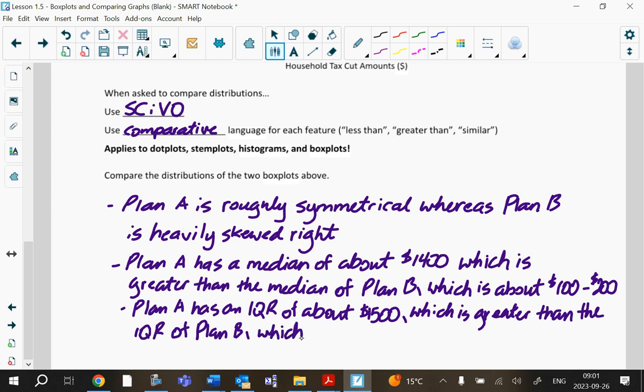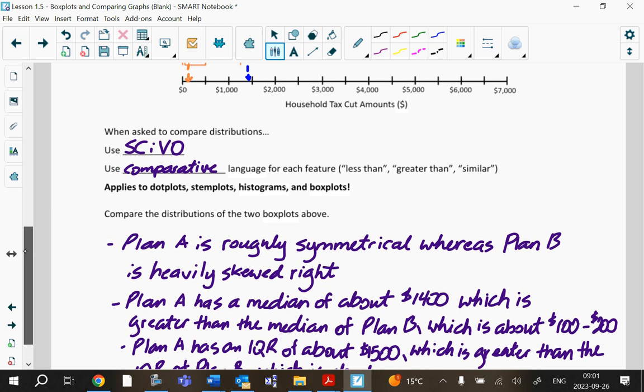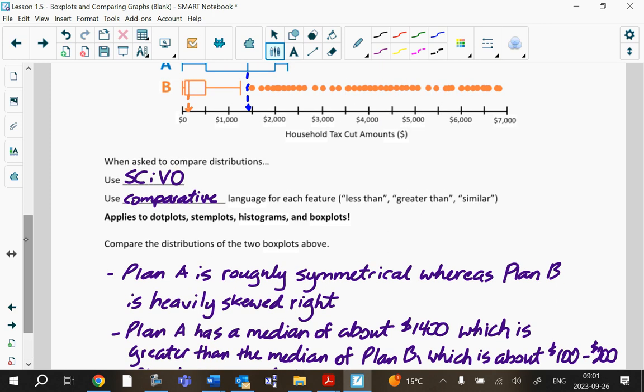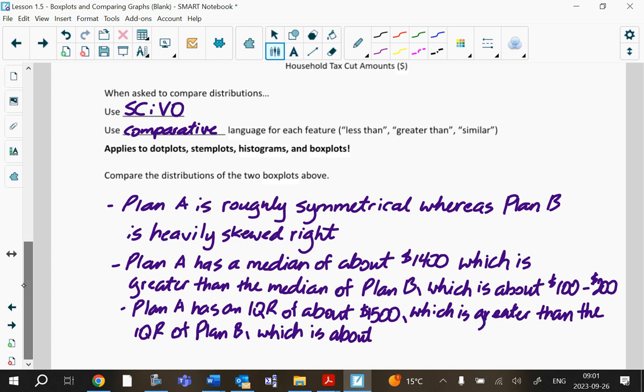I think it's going to be greater. Got to calculate it first. It's a smaller box, so it's going to be. So what would you say that is? 500 minus 50, 100, somewhere around there. So 400 or 450, which is about 400 to 450.